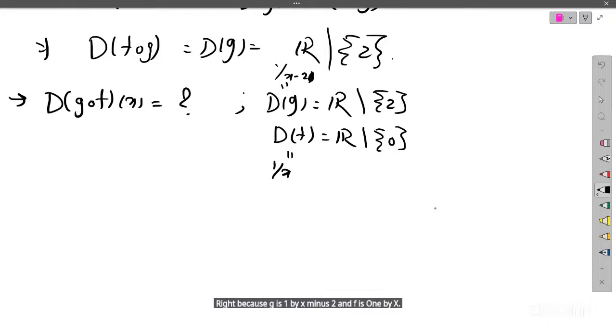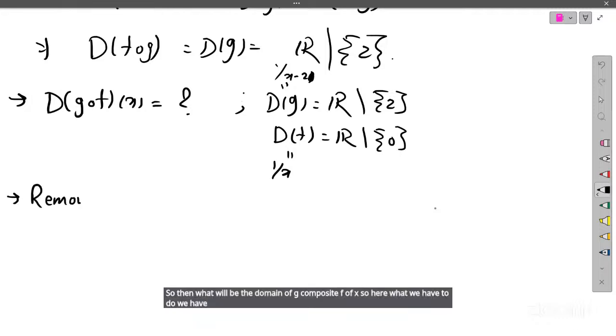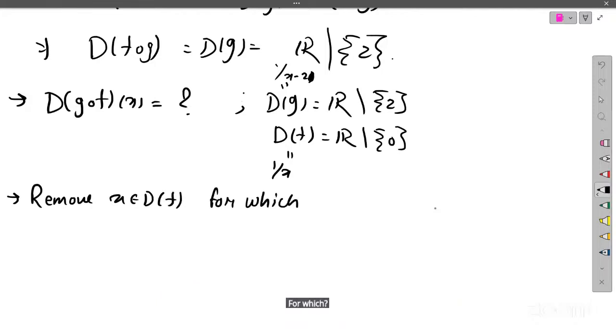So what will be the domain of g composite f of x? Here we have to remove the x belonging to the domain of f for which f of x is not a part of the domain of g, but the domain of g is real numbers minus 2.